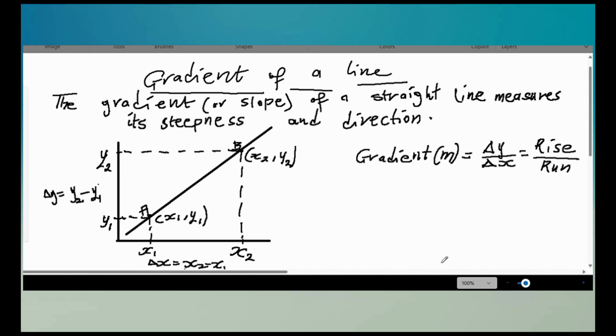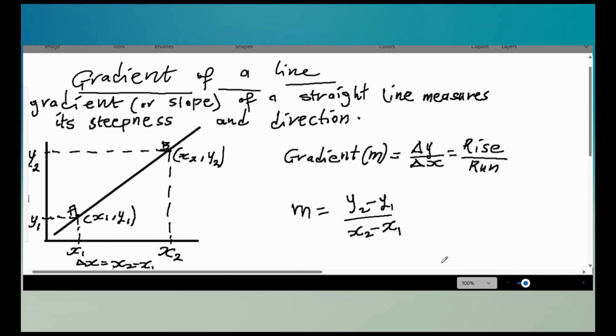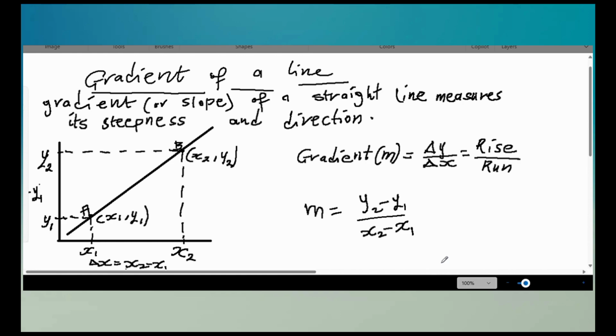So from these we can see that m, which is the gradient, is equal to y2 minus y1 all over x2 minus x1, right? So simply, that is the formula for calculating the gradient of any straight line which passes through 2 points.